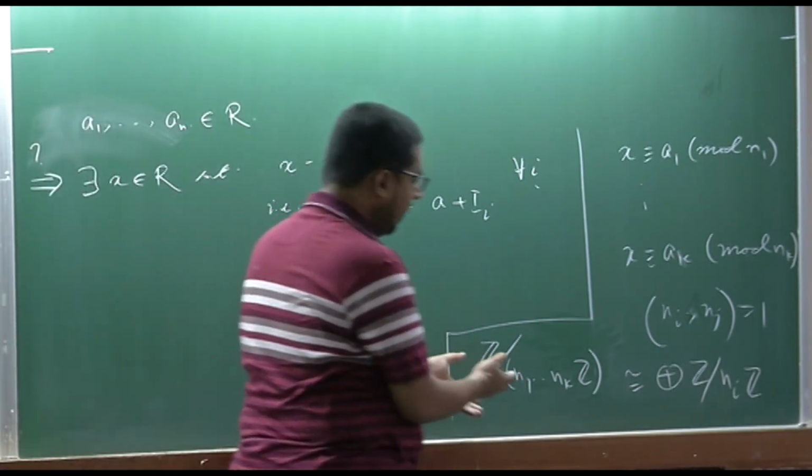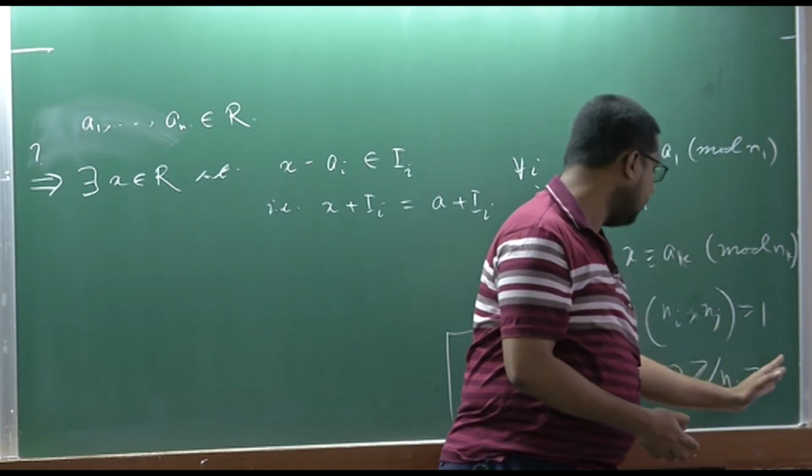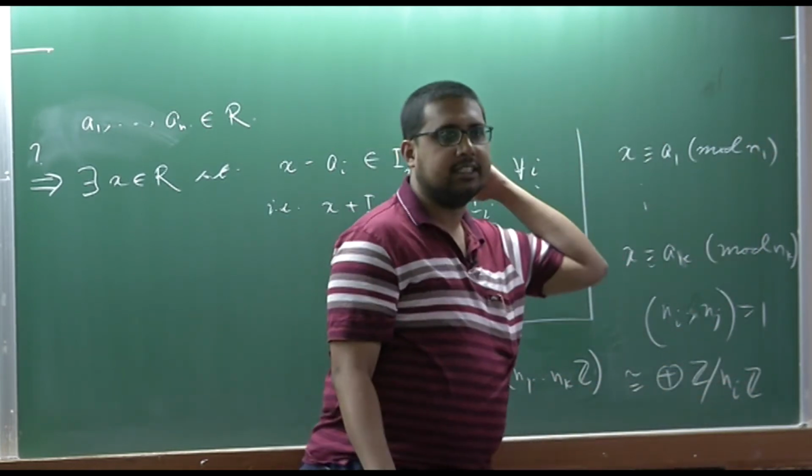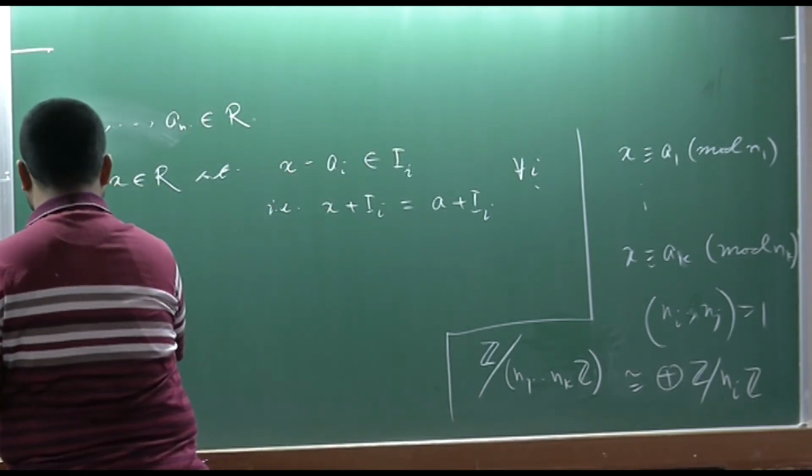Okay. So, now let me try to prove this. The proof will essentially mimic the proof of the Chinese remainder theorem for integers in this setting. So, how to do it? Fix i.